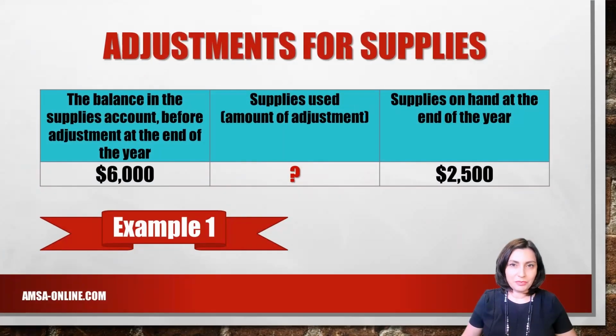In the first example, the balance in the supplies account before adjustment at the end of the year is $6,000. We need to determine the amount of the adjustment if the amount of supplies on hand at the end of the year is $2,500.